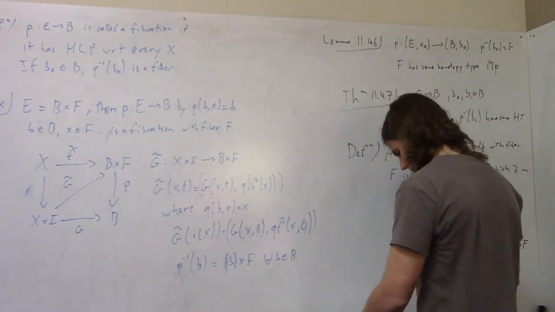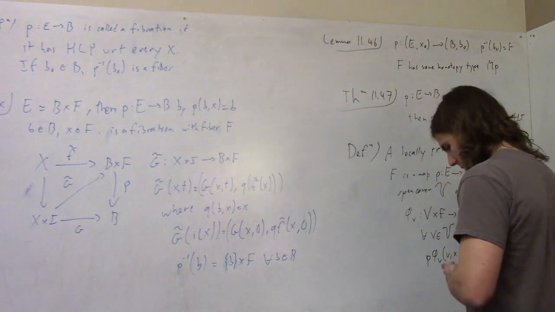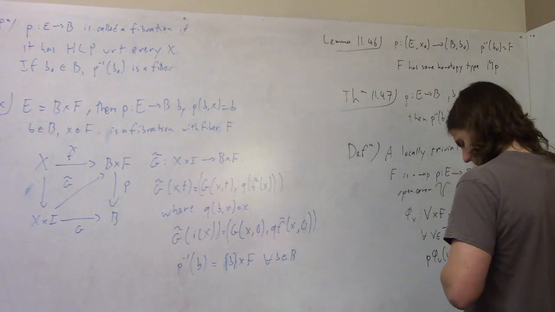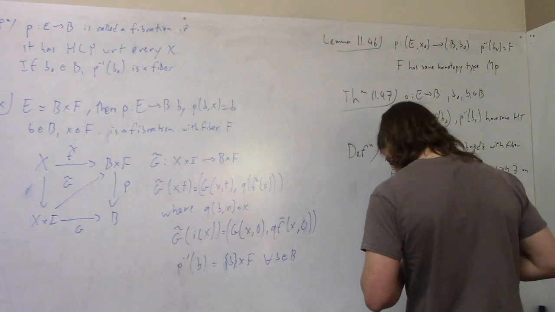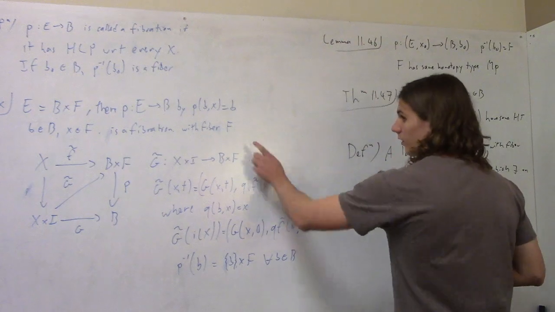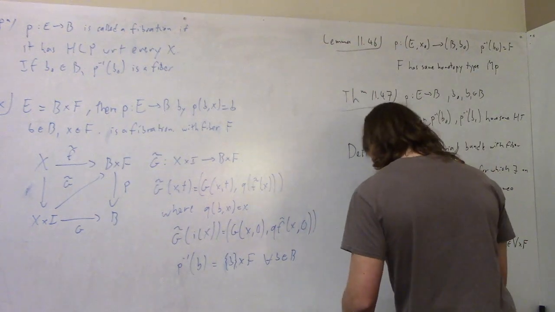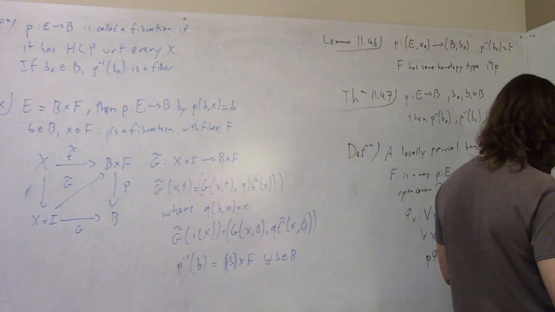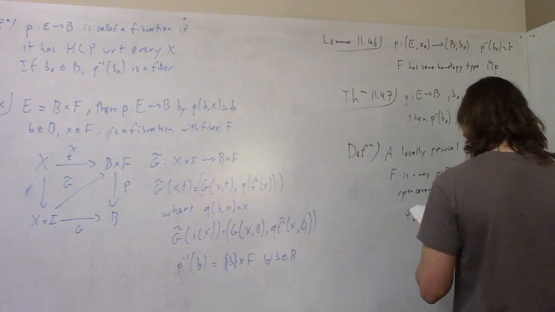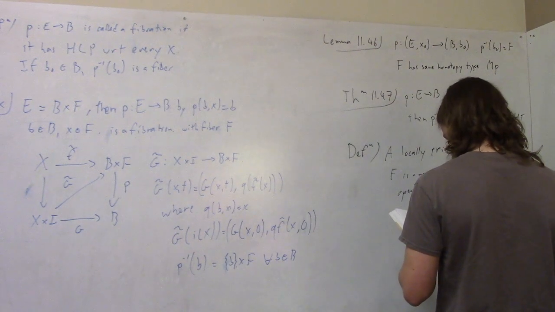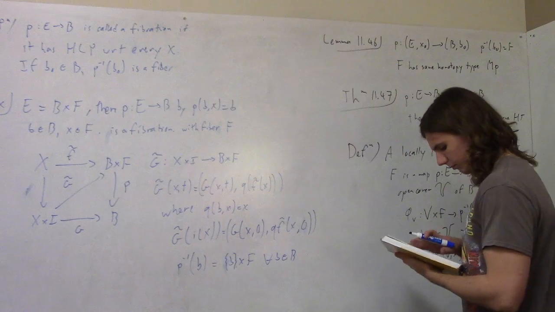It's pretty simple. And then going back to the example we had before, we can show that the fibration we had here leads to a trivial bundle. Using it for a locally trivial bundle.